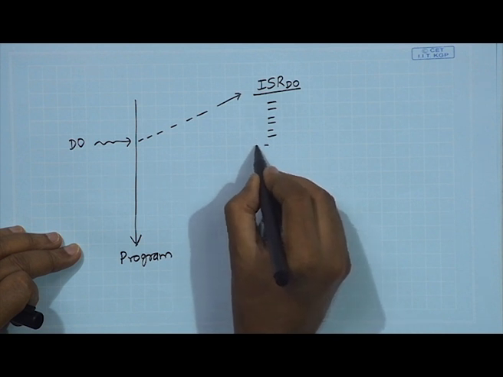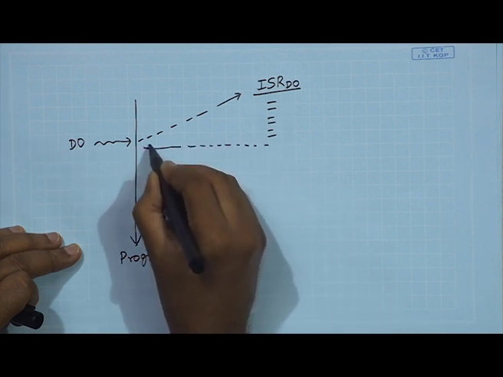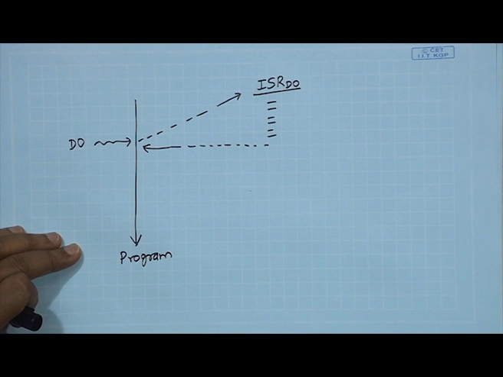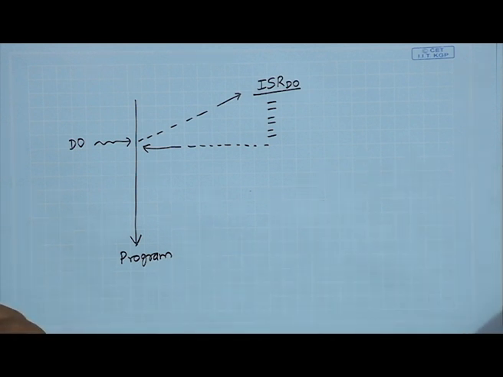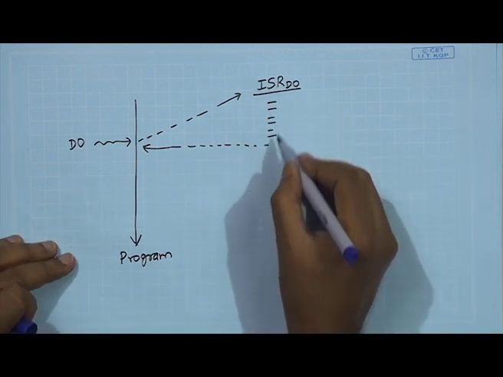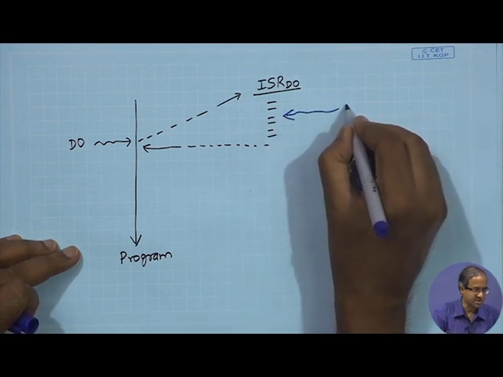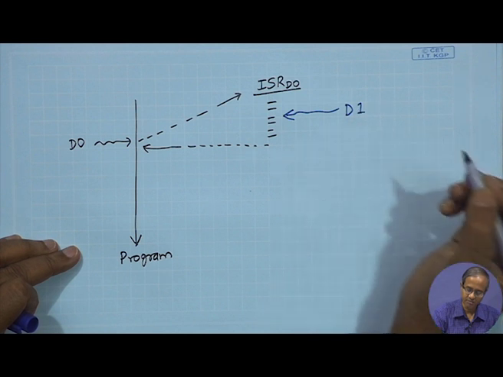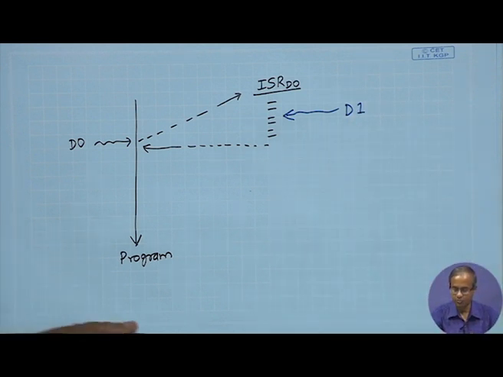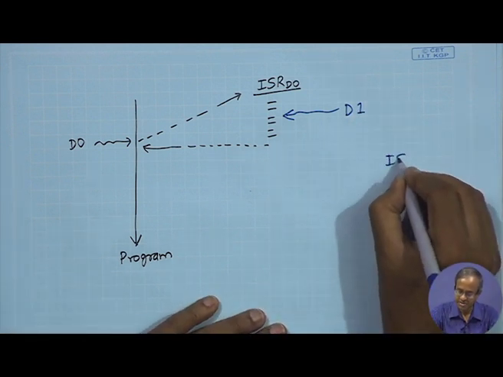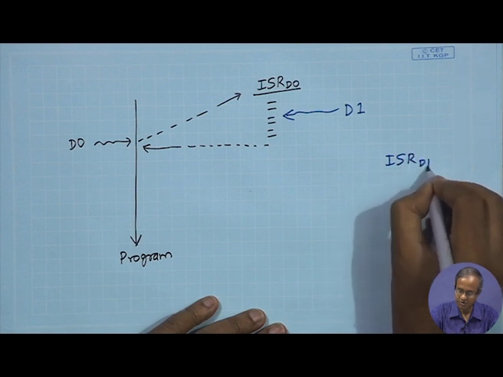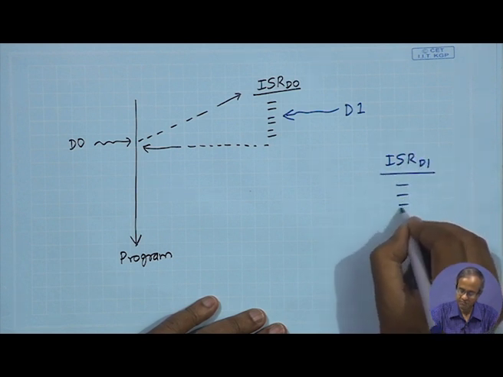After finishing, it is supposed to come back like this and resume execution, but what we are assuming is that while this ISR of D0 was executing, in between another interrupt has arrived from device D1. Now, you may argue that there is also an ISR for device D1 that also consists of instructions.